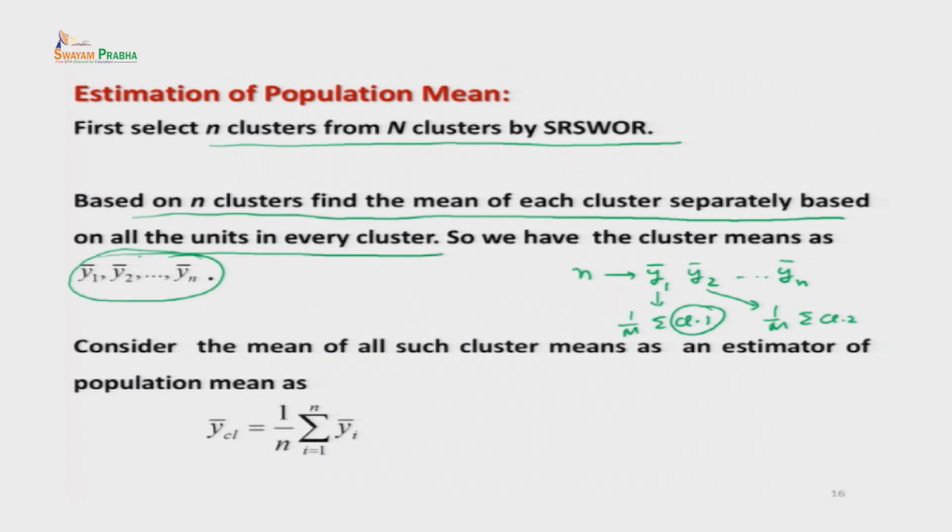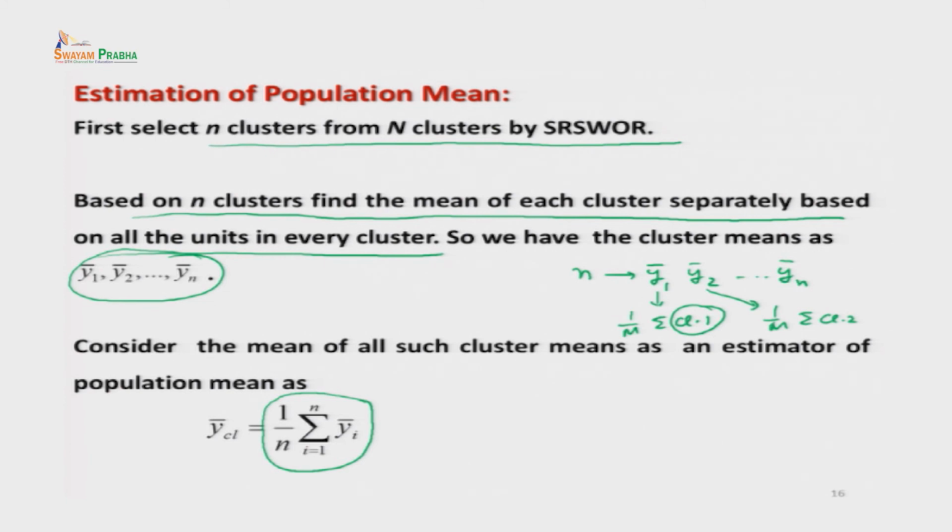And now we have to construct an estimator of the population mean. What we propose is to construct this estimator by taking the arithmetic mean of all the cluster means. So this will become 1 upon n summation i goes from 1 to n y bar i.